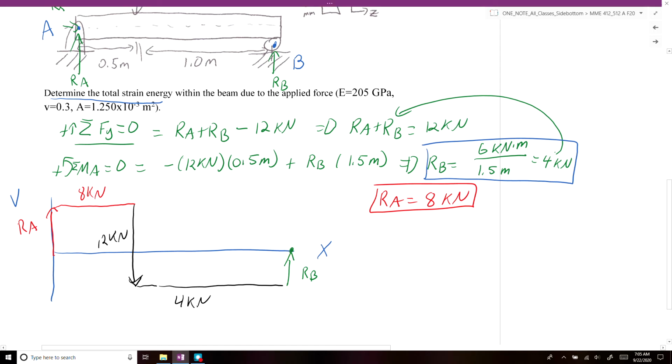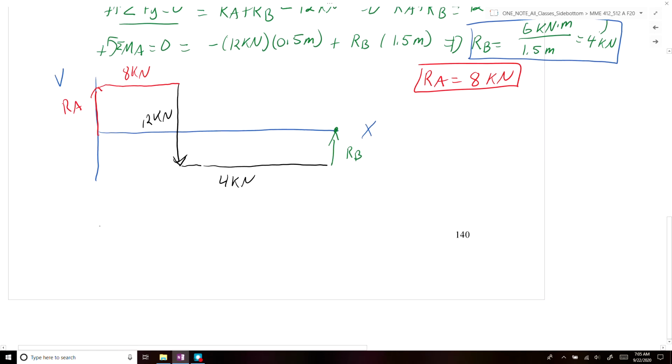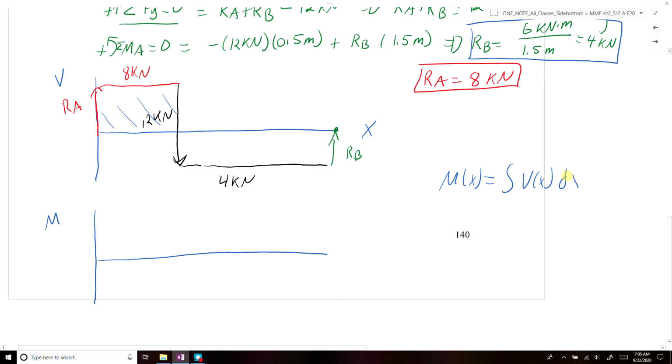For the moment equation, what we can do is integrate our shear diagram, so we know that the moment of x is equal to the integral of V of x dx.